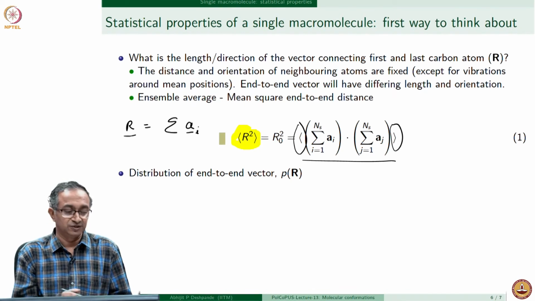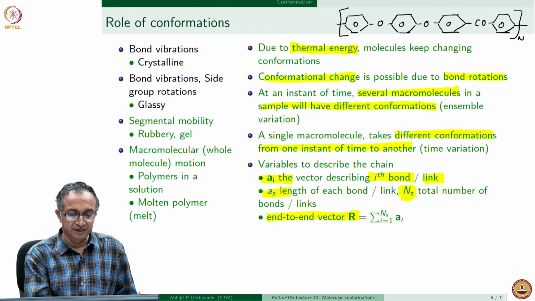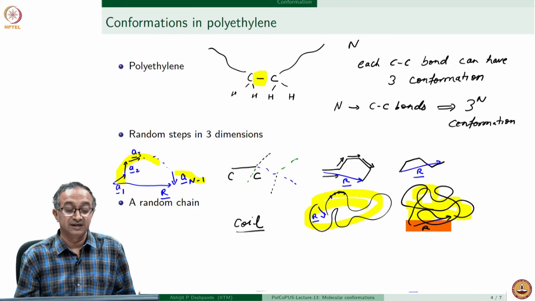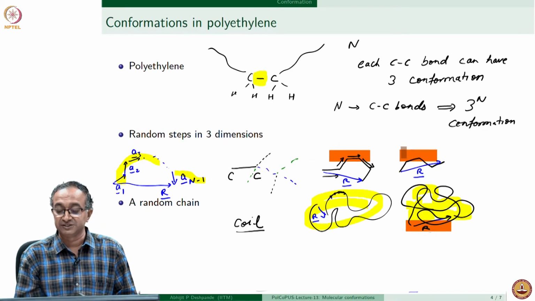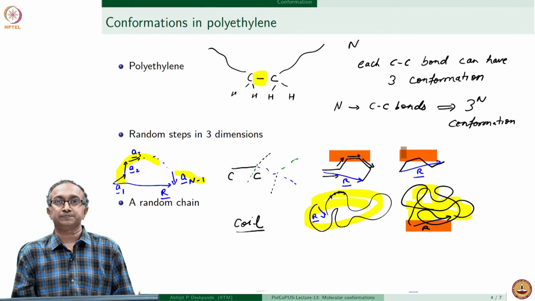So what I need to do is look at all the possibilities of conformations that I had shown earlier. So this is one conformation, this is another conformation. So all such conformations and their averages.